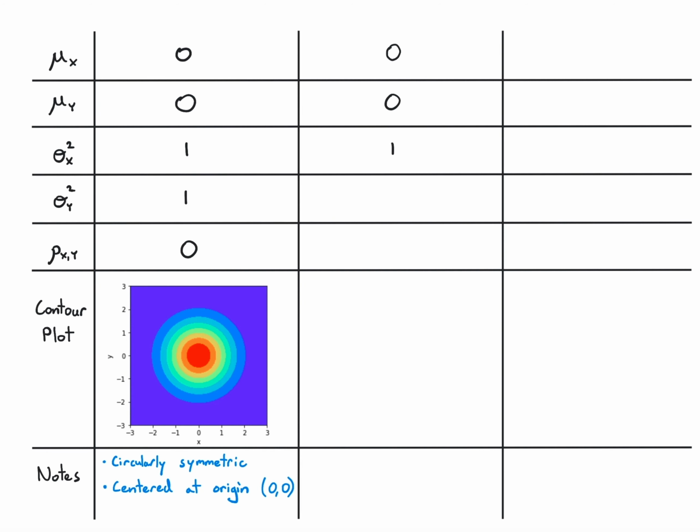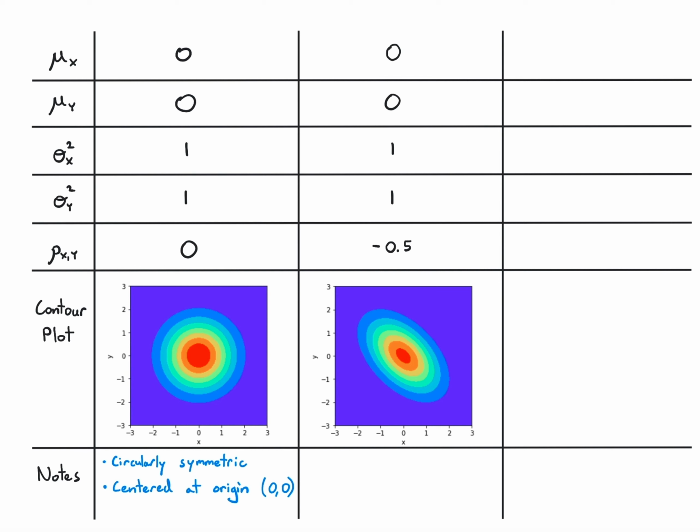Okay, so now what I'm going to do is first try making rho minus 0.5, so I can see that now it's going to be stretched along y equals minus x, as we were predicting, and it's still centered at the origin. Okay, so the next thing I'm going to do is hold on to this, let's say minus 0.5, and now I'm going to also scale x's variance.